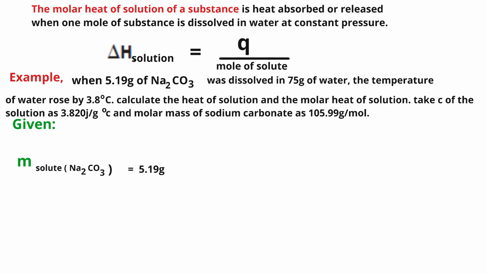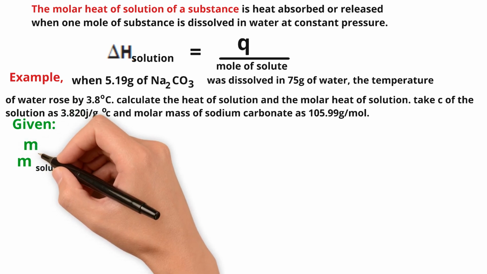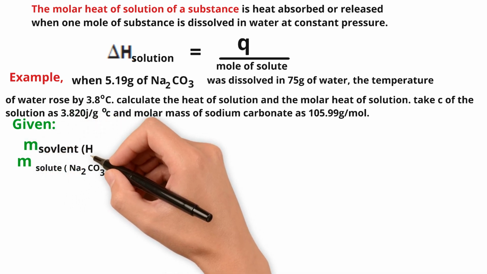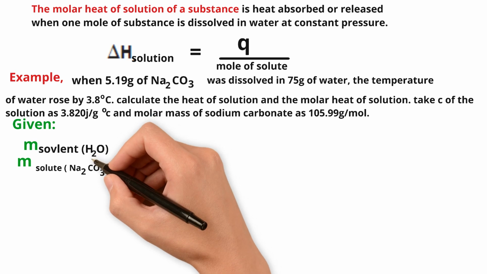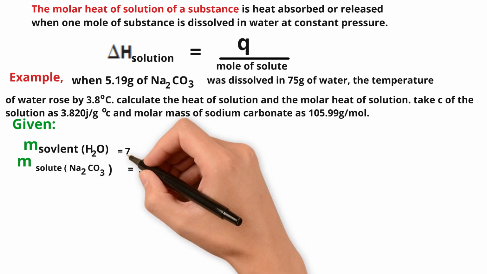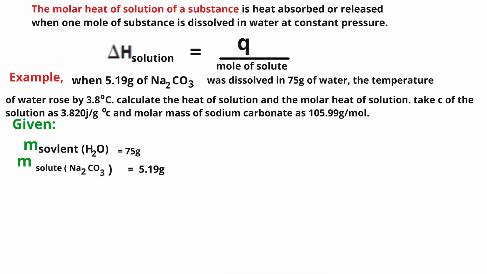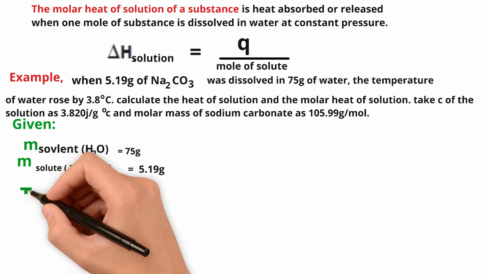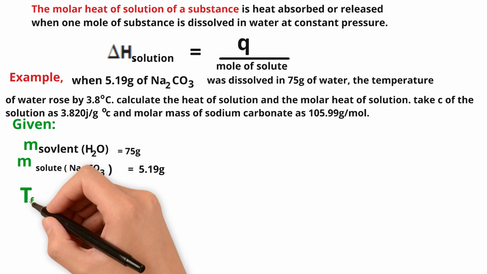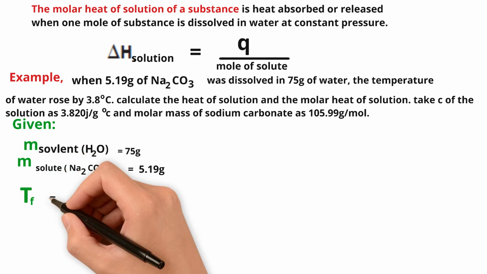Given one, mass of a solid. The solid here is sodium carbonate and its mass is 5.19 gram. Mass of a solvent is given. The solvent here is water and its mass is 75 gram. And the other given is T final, temperature final, which is equal to 3.8 degrees Celsius.